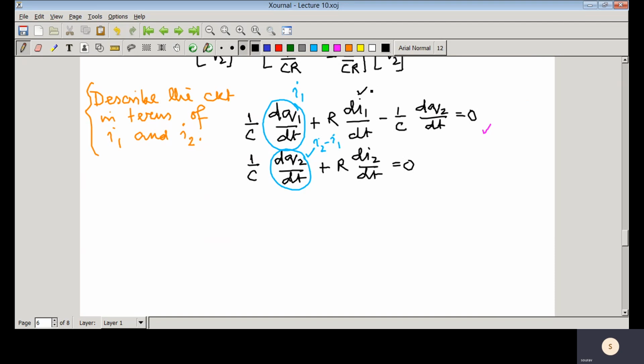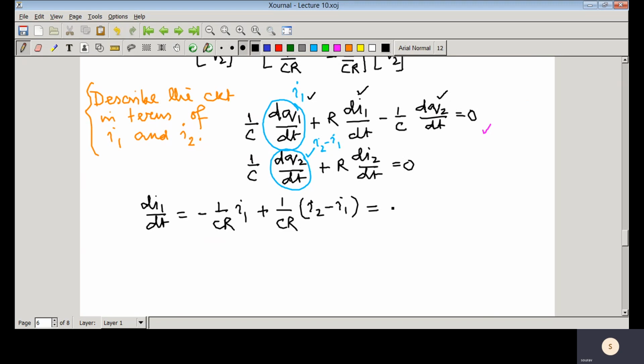We keep the term R di1 by dt on the left, and if you divide these equations by R, then you can have di1 by dt equal to minus 1 by CR, the first term, where in place of dq1 by dt I am writing I1, and the second one, that would be 1 by CR, because you are dividing the whole terms by R. And dq2 by dt, we have seen that this is I2 minus I1.